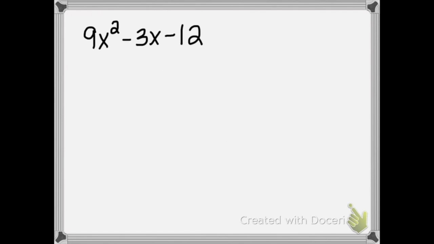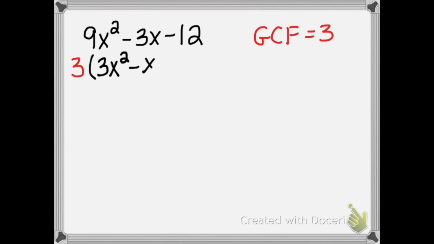so I have 9x squared minus 3x minus 12. The first thing I'm going to look for is that GCF, and I should recognize that I have a GCF of 3. So I'm going to pull that 3 out, and that's going to leave me with 3 times 3x squared minus x minus 4.